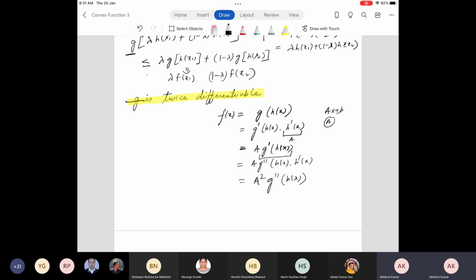Okay, so based on this, can we say it is convex? So a square will always be greater than or equal to 0, whether a is negative or positive does not matter, right? What can I say about g double dash of h of x?